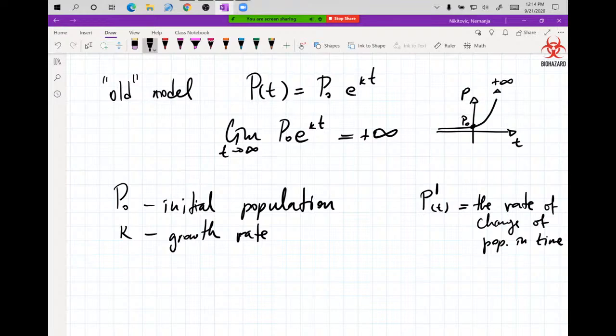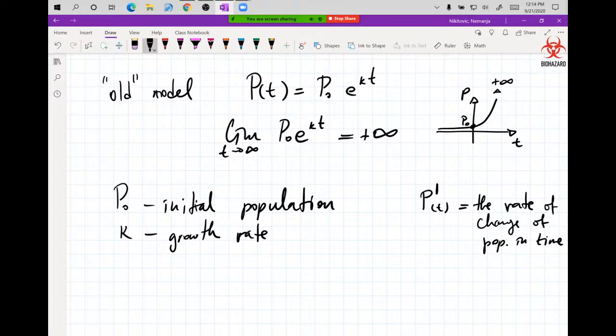Now this k is very important, and most of the time you spend figuring out that k, because k is in some sense the carrier of the whole model. If k is positive, the population is growing. If k is negative, the population is decaying, meaning it is decreasing.